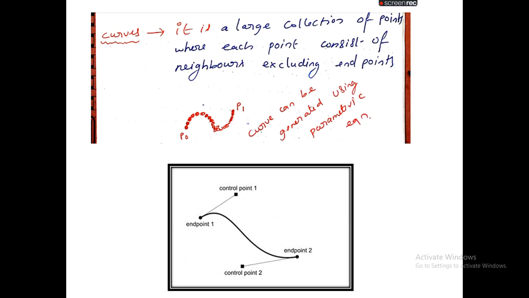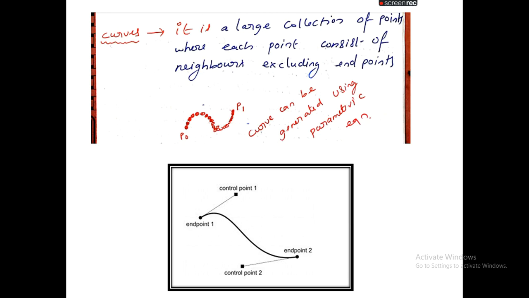I can say that a curve is nothing but a collection of pixels, or a large collection of points where each point has neighbors excluding endpoints. What I am telling you means, here I drew one curve. This is one best example of a curve. The basic building block of this curve is, again, a collection of pixels only.